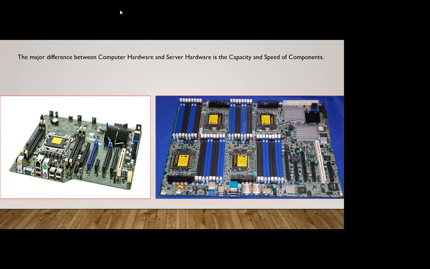What is the major difference between them? The desktop motherboard has only one CPU. It can be i3, i5, or i7, but there is only one processor. Coming to the server, you can see there are totally 4 processors available. Minimum 1 will be there, but it can be 2, 3, 4, or more than 4 processors.